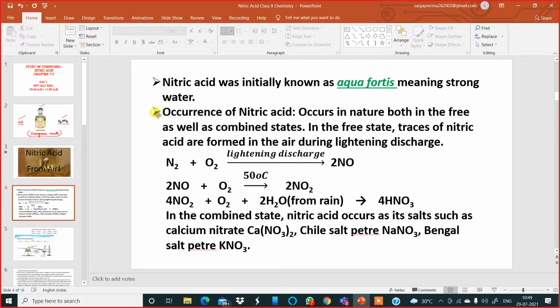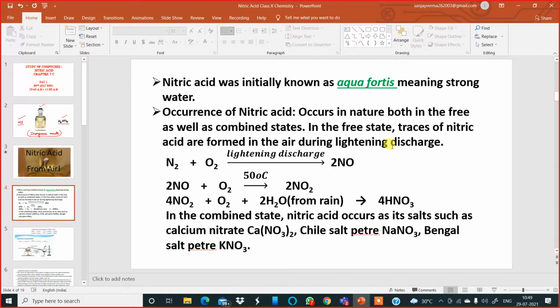Now, the next point is the occurrence of nitric acid. It occurs in nature both in the free state as well as in the combined state. In the free state, we can get traces of nitric acid formed in the air during lightning discharge. Before a thunderstorm or heavy rainfall, we see a lot of lightning happening high up in the sky.